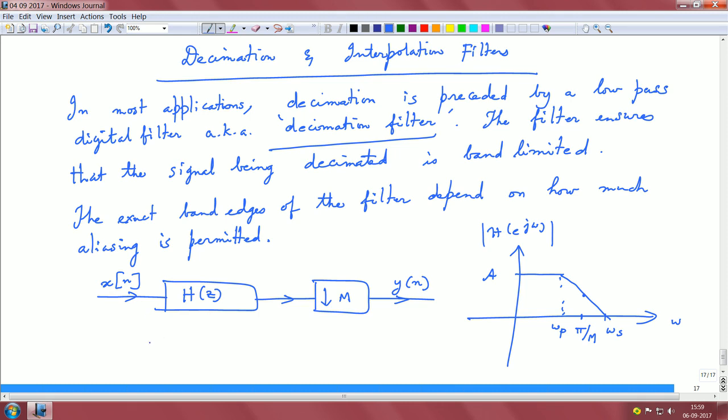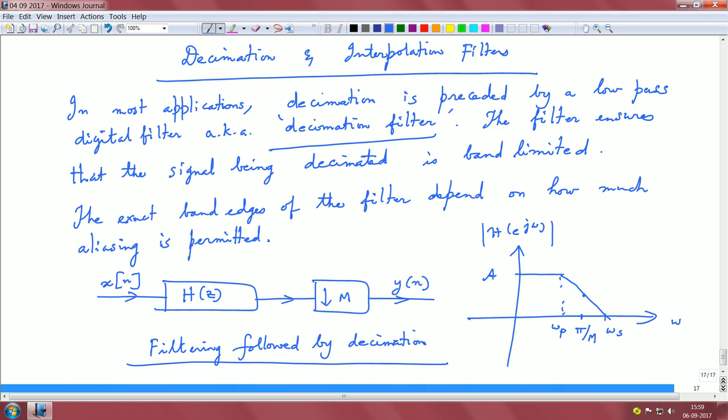So, this is basically filtering followed by decimation. Okay.